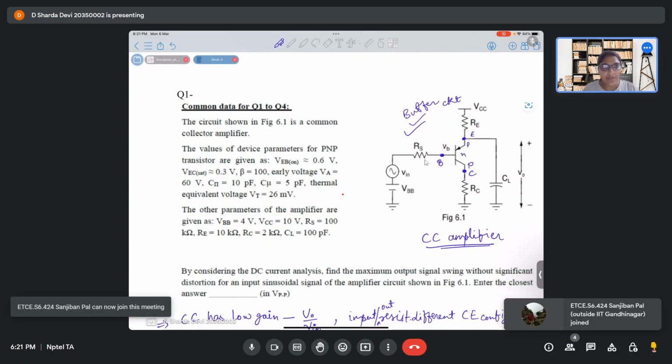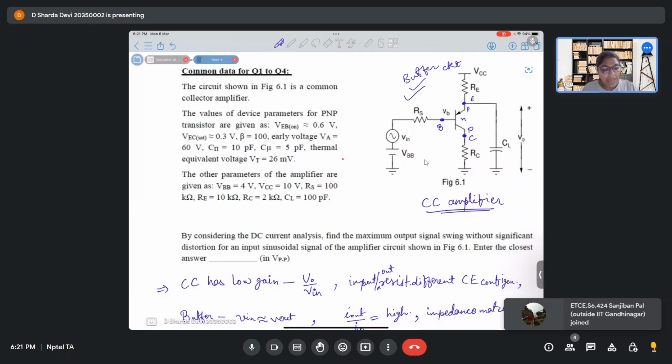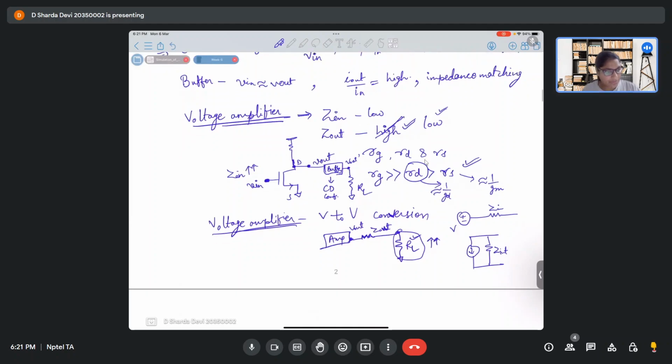So that is why we call it a buffer circuit. And when we talk about MOSFETs, the buffer circuits are CD configuration. So in BJT buffers are CC configuration.